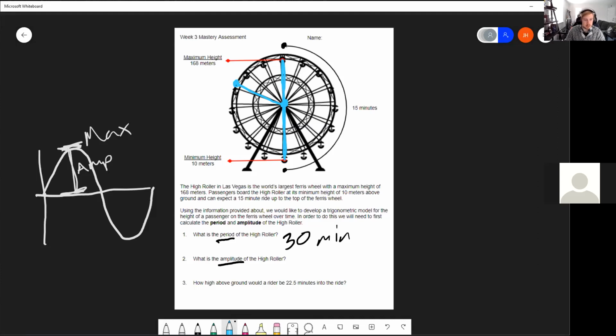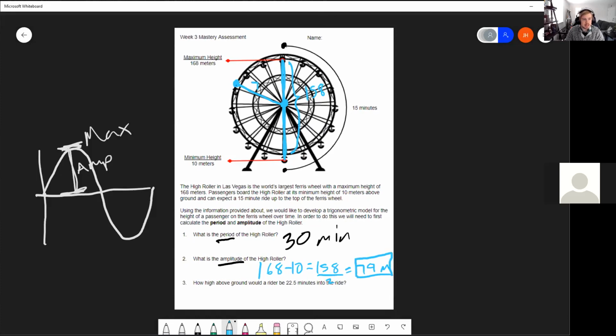So they said, okay, 168 minus 10 is 158. So that's the diameter. Then the radius would be half that, which would be 79 meters. Remember, guys, when we're working in a real world context, you want to include your units.